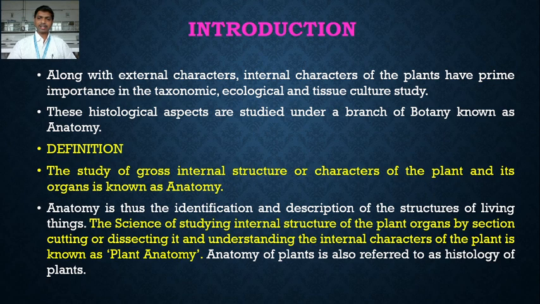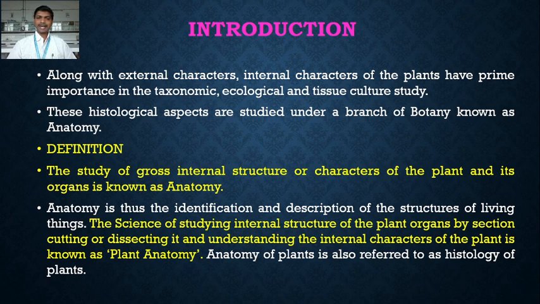How has the internal structure of the plant organ been studied? By section cutting or dissecting. So the understanding of the internal characters of the plant has been carried out by section cutting and or dissecting.